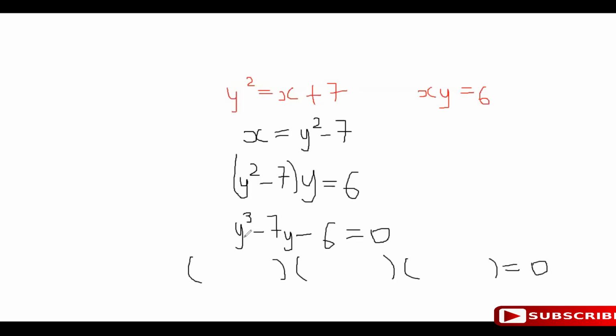In order to get y cubed, it has to be y, y, and y. In order to get 6, it has to be 3, 2, and 1. It has to be 3, 2, and 1 in order for it to multiply to be 6.